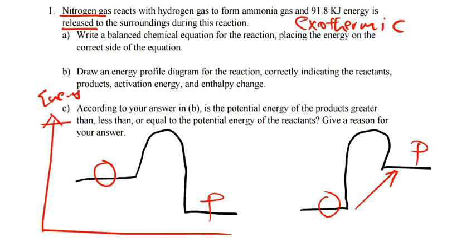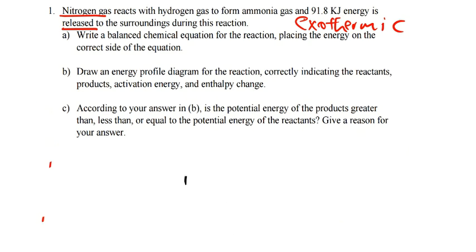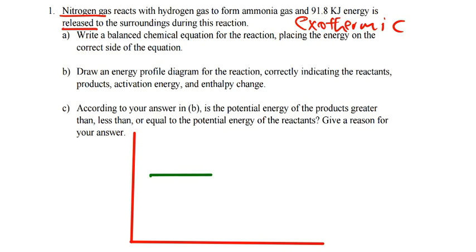Okay, so in this reaction, what kind of reaction do we have? Do we have an endothermic or exothermic reaction? The reaction we have is exothermic, implying that the energy of the reactants is going to be higher than that of the products. So we'll start somewhere up like that. This is where we've got our reactants.